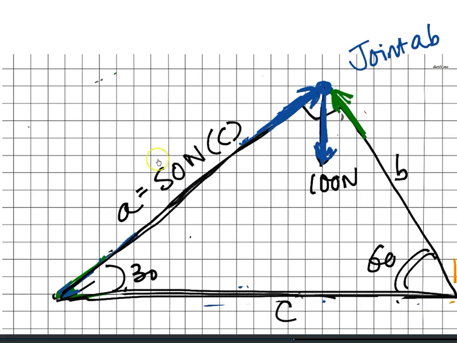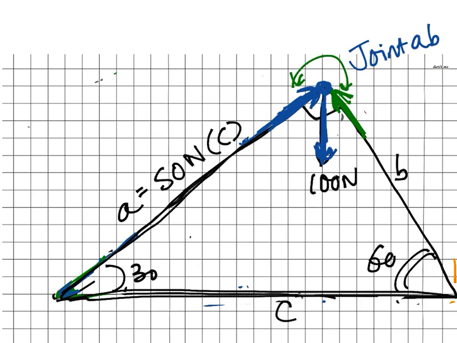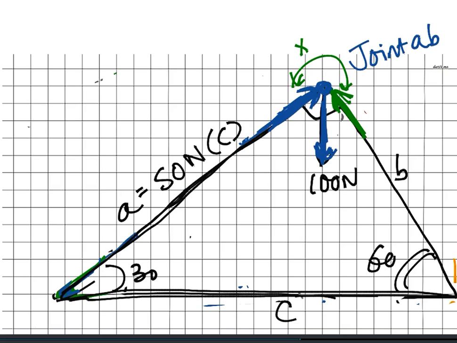The reason for that is there are only two forces here that have horizontal components. A has a horizontal component and B has a horizontal component. This external force is only vertical, which means that A and B have to be facing each other, otherwise they would not cancel out, right? Otherwise it would not be static. Because these two must cancel out, they must be facing each other.